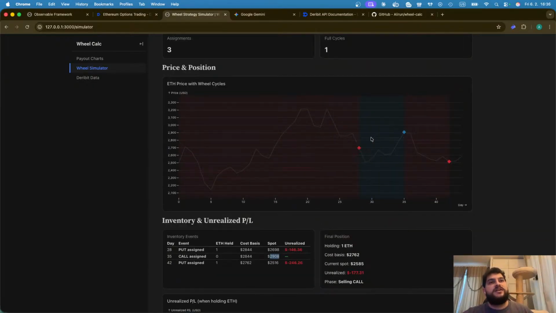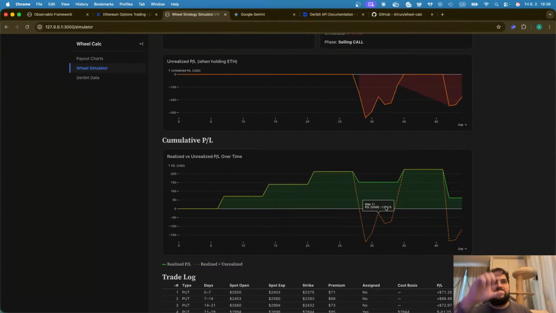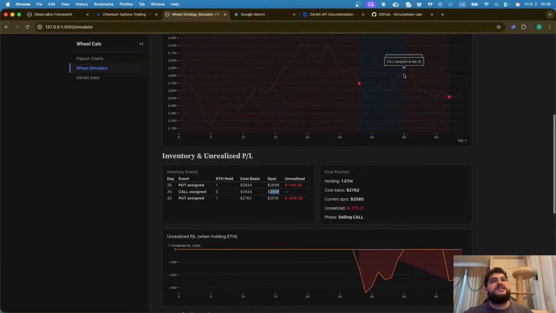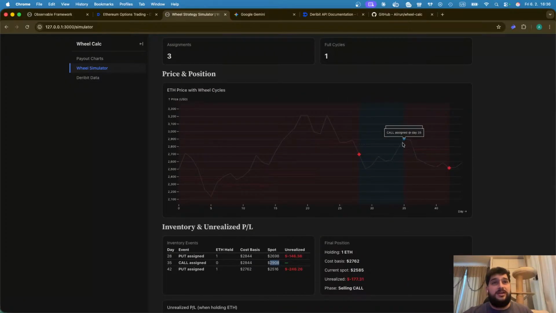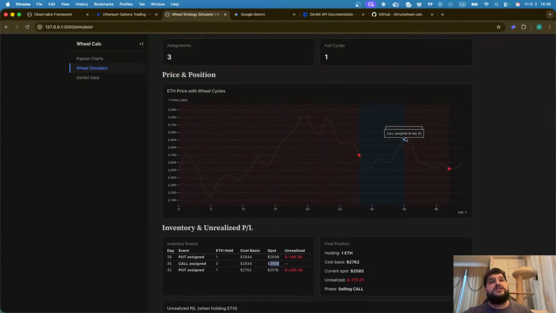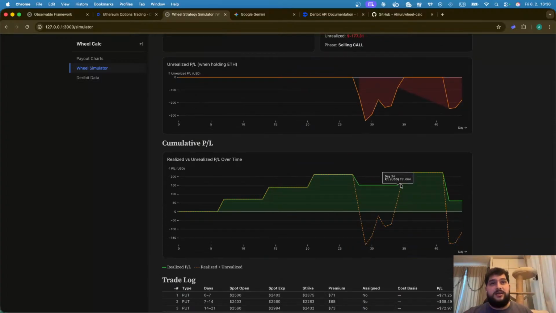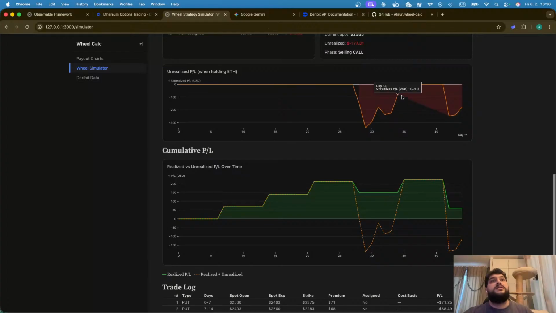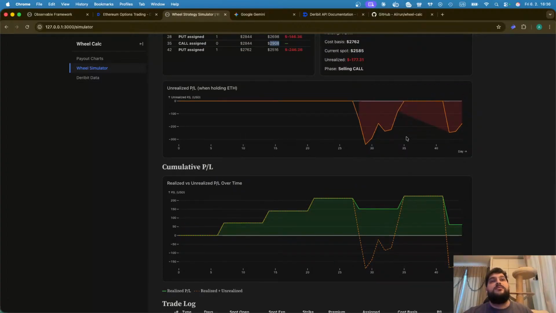So it now just tracks the price of the Ethereum, but with some additional amplification. It went down, then up, then down again, and then up until day 35, when the Ethereum price was actually higher than the call's strike price. So we were actually selling Ethereum at a positive rate.